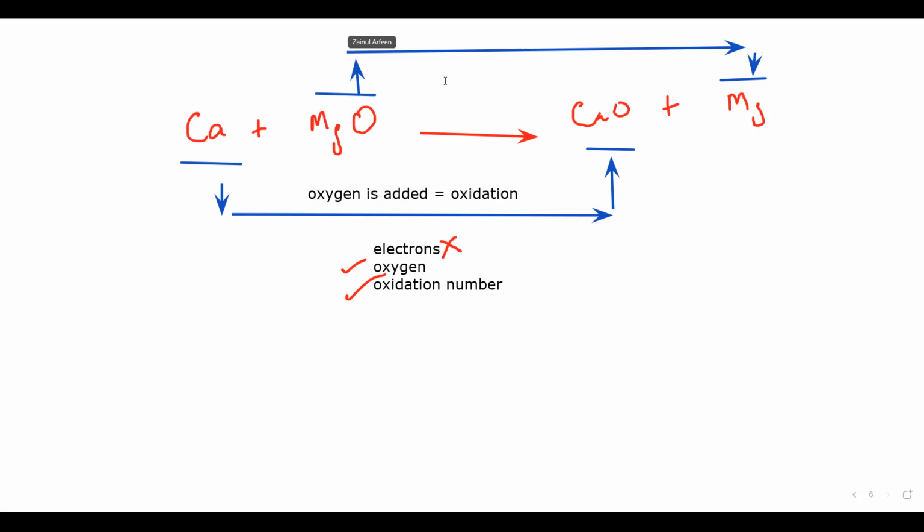So oxygen is removed from this, what we call removal of oxygen, and removal of oxygen is known as reduction. So we can identify in terms of oxygen, as in the question, oxygen is given.